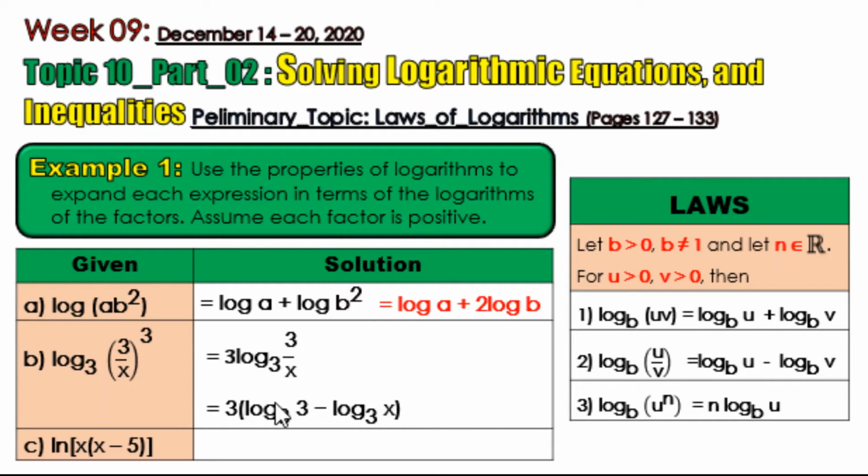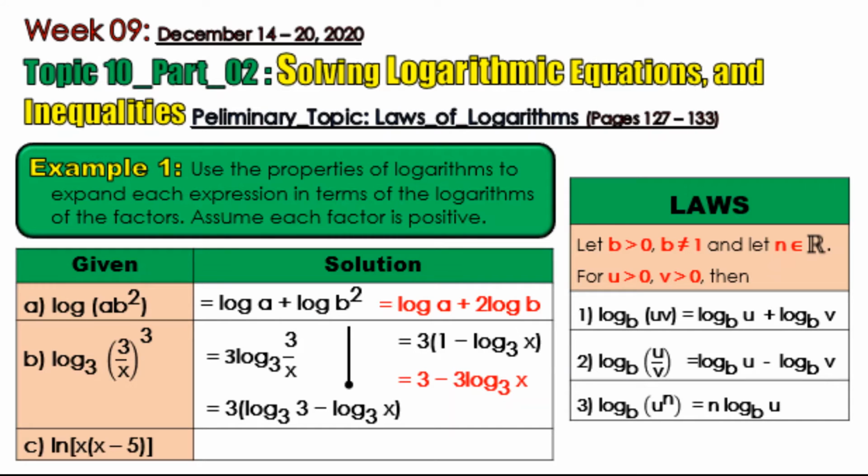Okay, but this one, we can find the value of this by applying one of the properties of the logarithms, and the value of this is 1. The exponent of 3 is 1. So we have 3 times 1 minus the logarithm of x to the base 3.